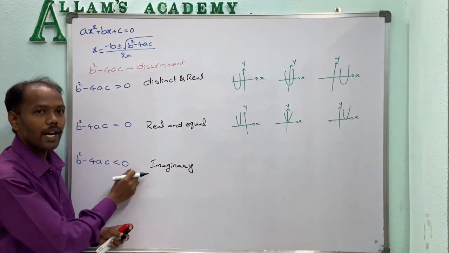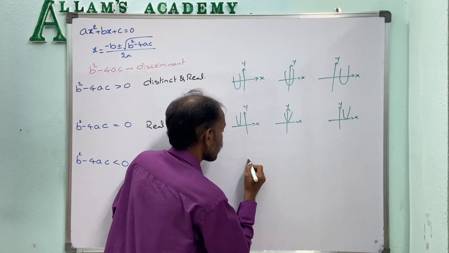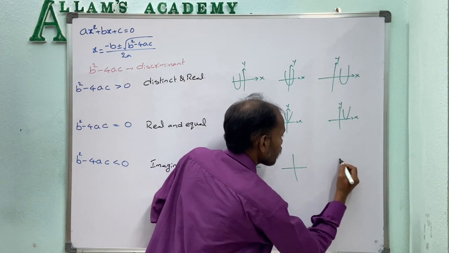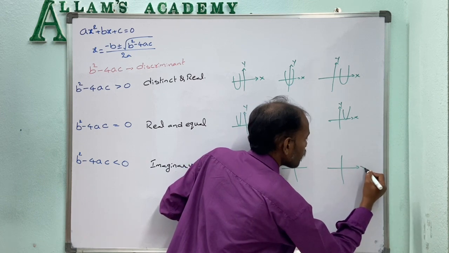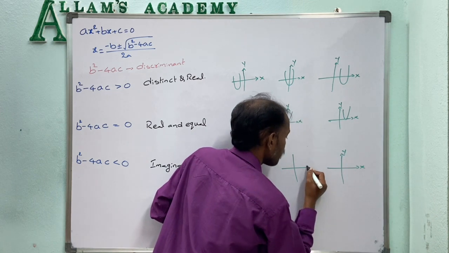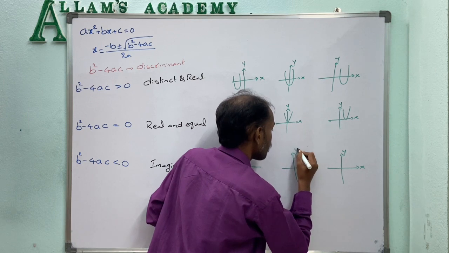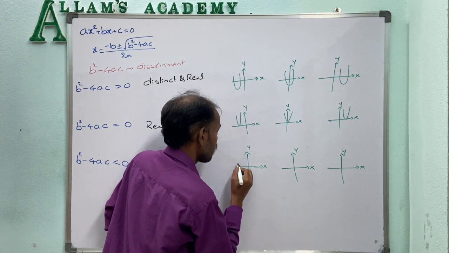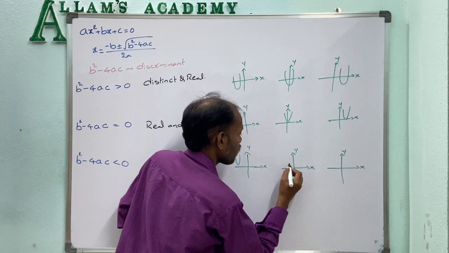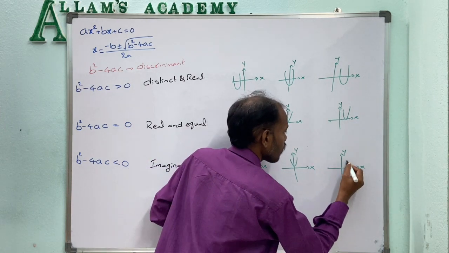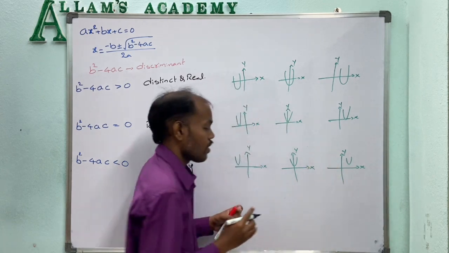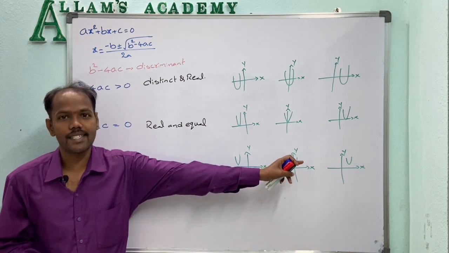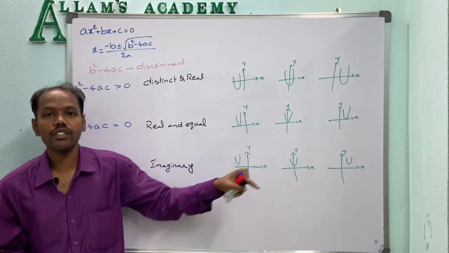If b square minus 4ac is less than 0, then the graph is like this. So here the graph does not touch the x-axis, that means it has no zeros.